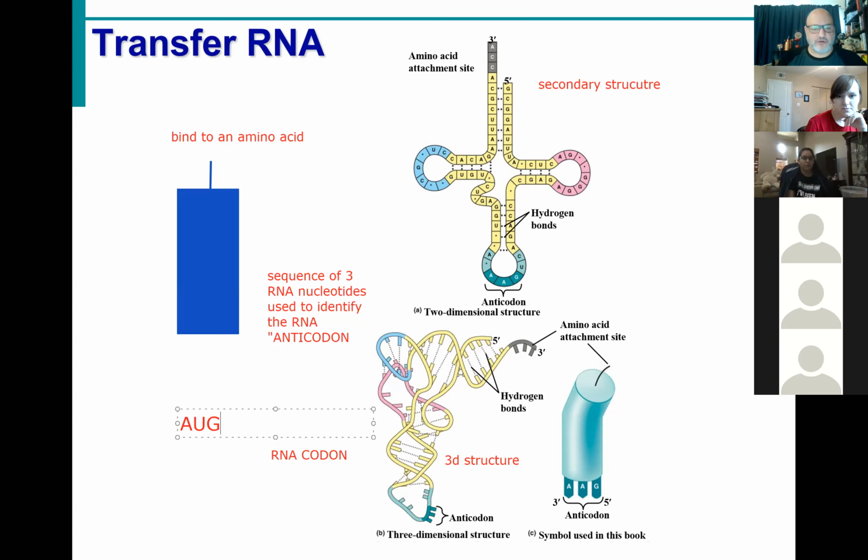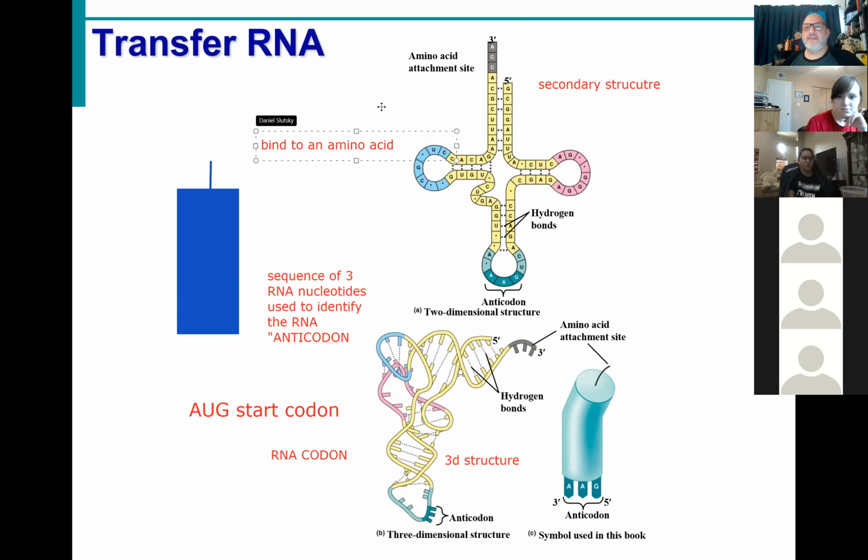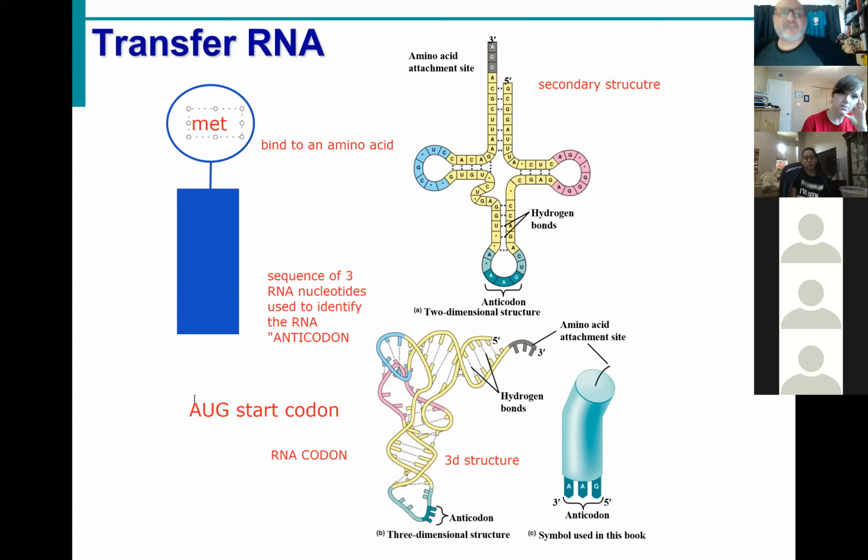AUG is the start codon, and we know it codes for methionine. So there is going to be a transfer RNA that is going to bind methionine up here, and whenever our RNA asks for it, it's going to bring it.